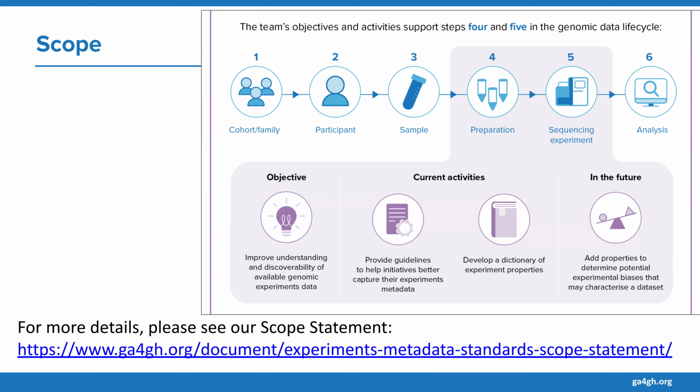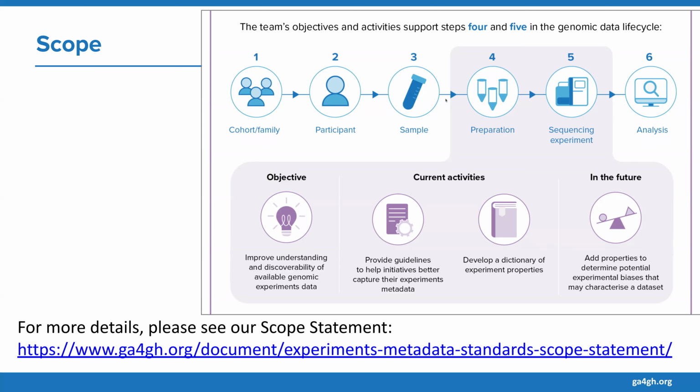So as part of the data generation workflow, there are lots of steps in the data generation pipeline. We have cohort and family metadata, and then we have metadata about each individual participant. We have information about the biological samples collected from the participants.